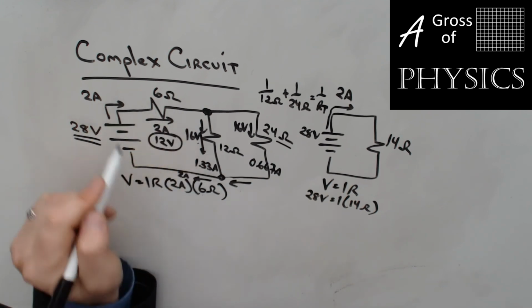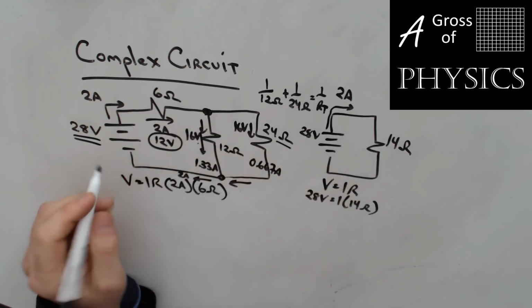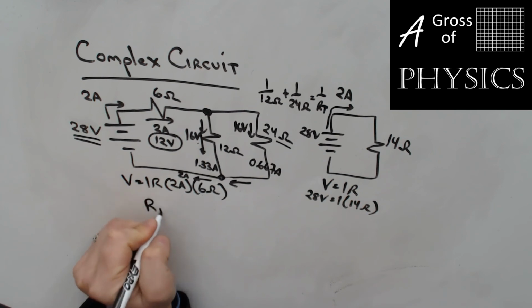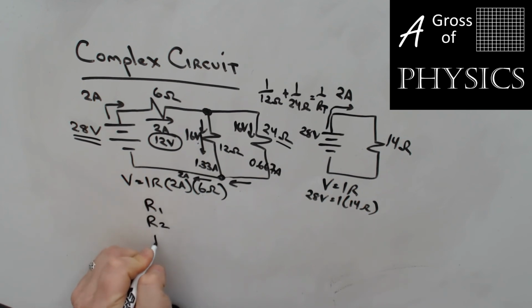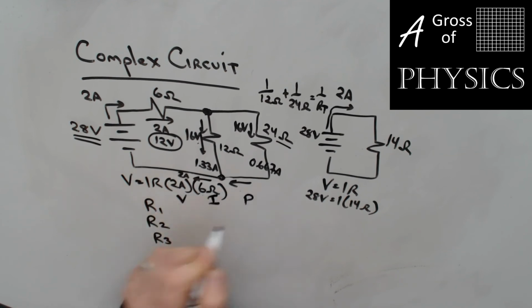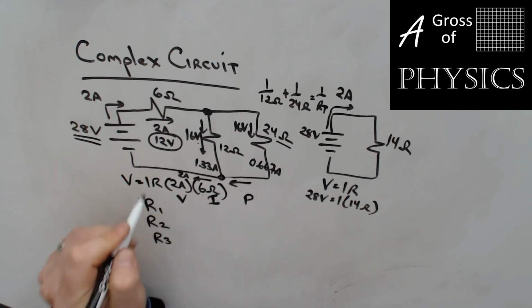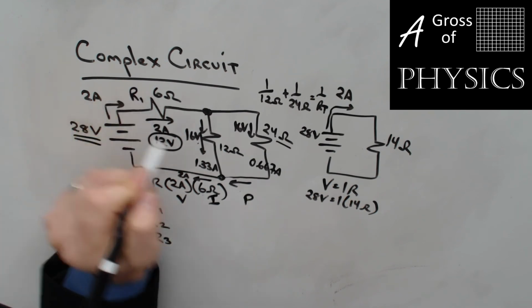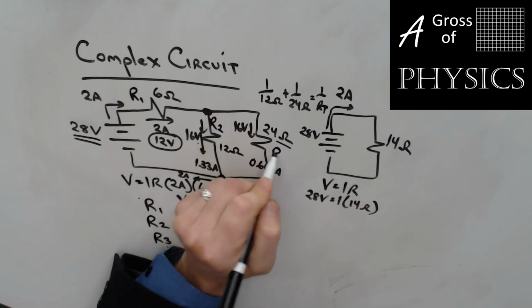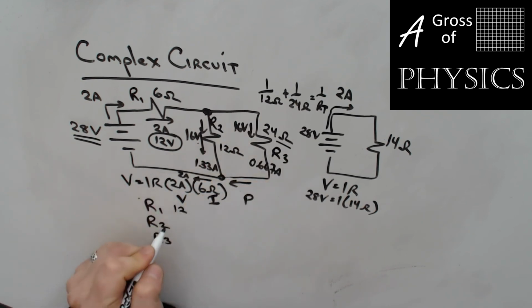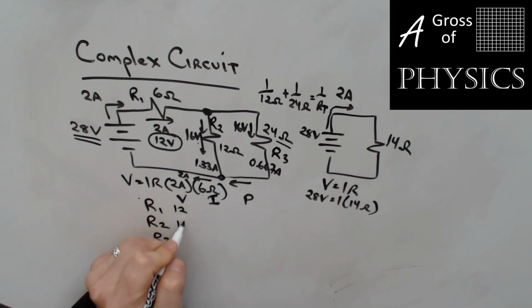Now, since all the results are scattered around, I think it's important that when you're doing problems like this, you list resistors by name, and then you make a chart of usually V, I, and P. So if this is R1, R2, R3: voltage for R1 was 12. Voltage for R2, 16. 16 for R3.